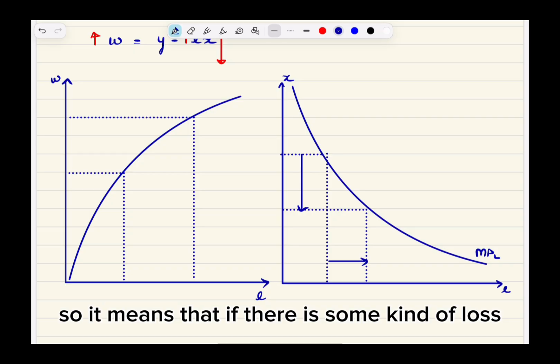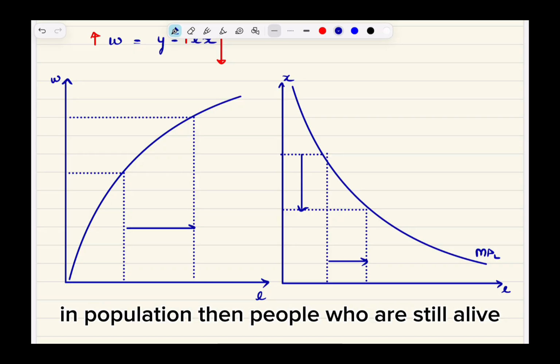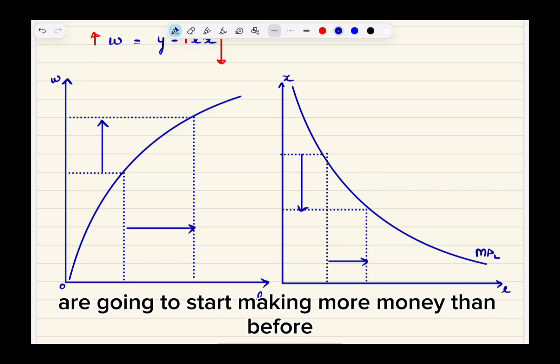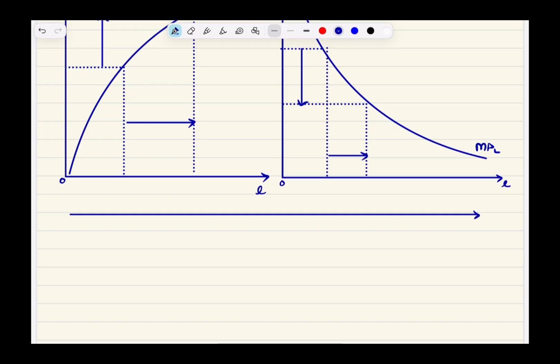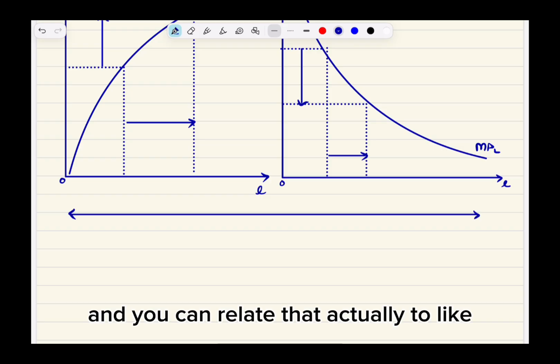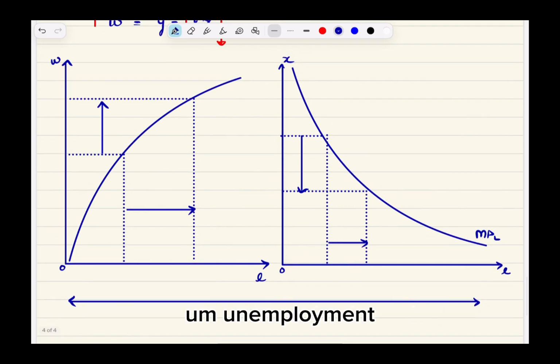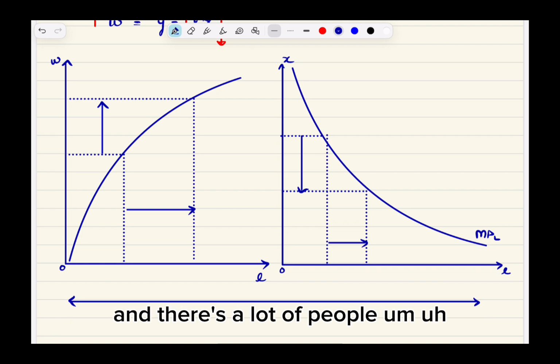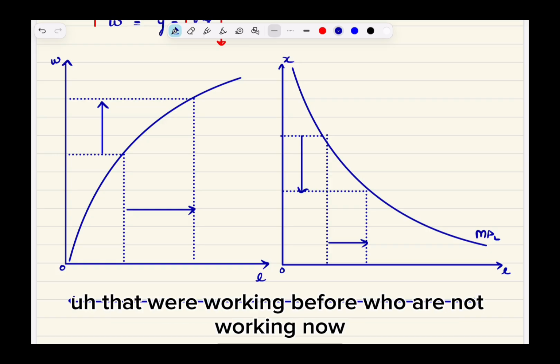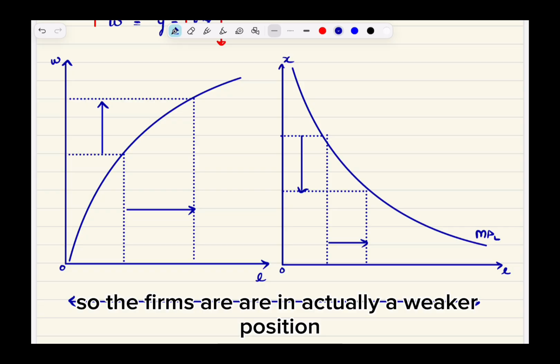So it means that if there is some kind of loss in population, then people who are still alive are going to start making more money than before. And you can relate that to unemployment, because if there's a loss in the labor force and a lot of people that were working before are not working now, the firms are in a weaker position.